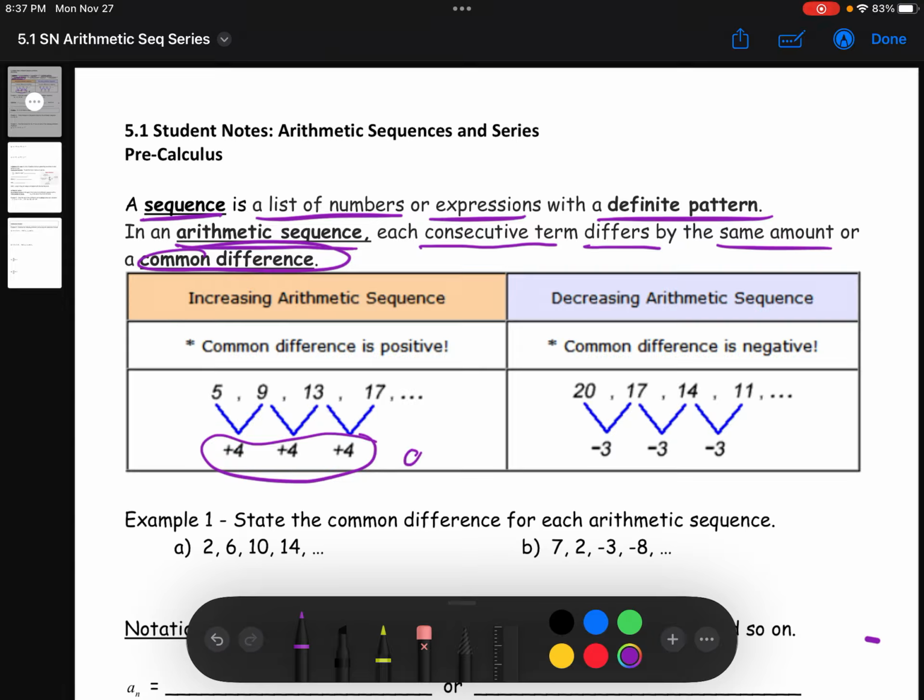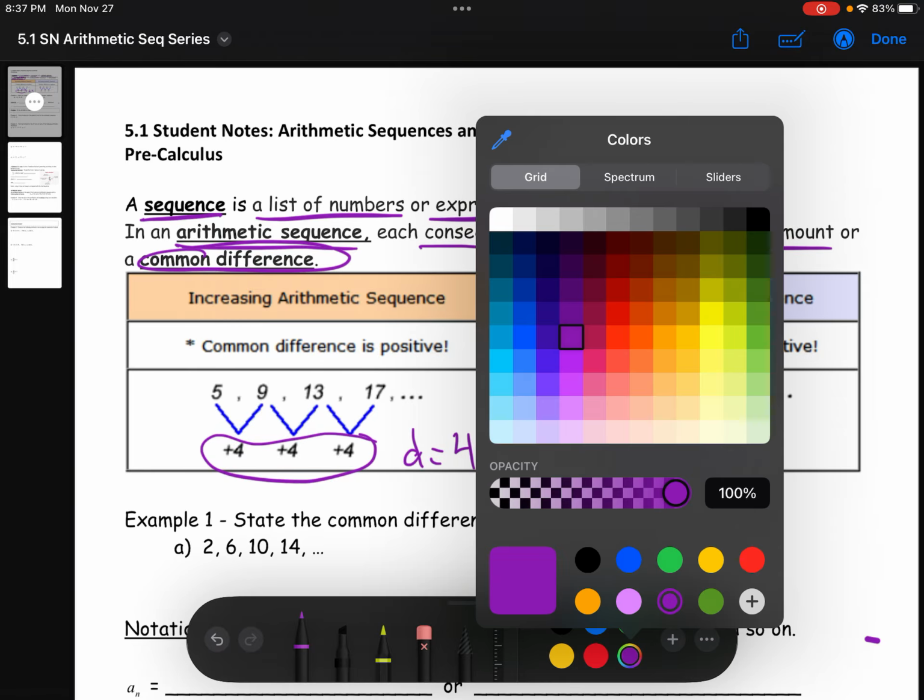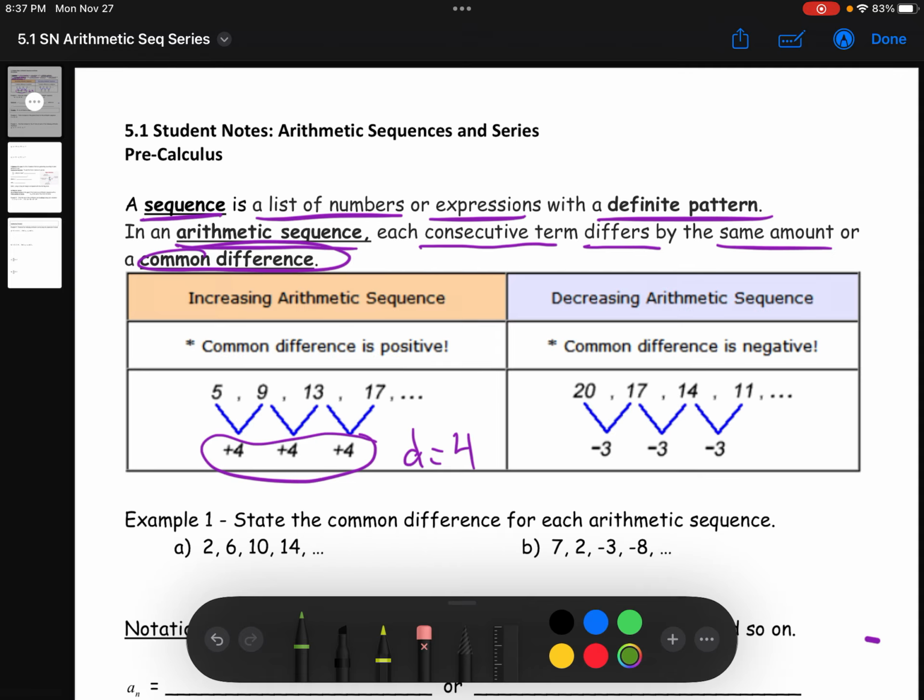That common difference, we use D for difference, is 4 because the sequence is increasing by 4 with each term. The second sequence, 20, 17, 14, 11, is changing by -3. So that common difference, D, is -3.